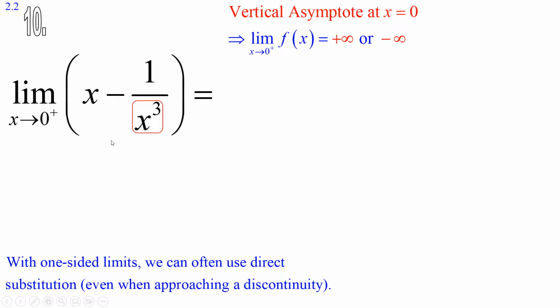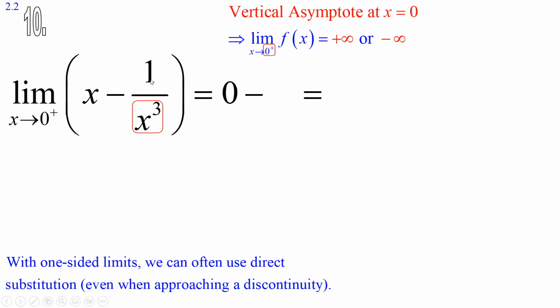Because look, what's the first term approaching? Well, that's approaching 0 minus. Now, what's the second term approaching? Well, I know x is approaching 0 from the right, so this x cubed is going to be a positive number approaching 0.